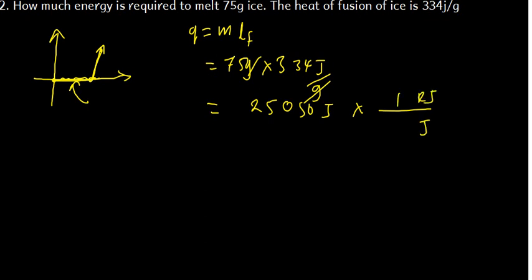In 1 kilojoule we have 1,000 joules, so the decimal point is going to move 1, 2, 3 places. So this will be 25 kilojoules. This is the amount of heat energy required to convert 75 grams of ice into water, in other words, to melt it.